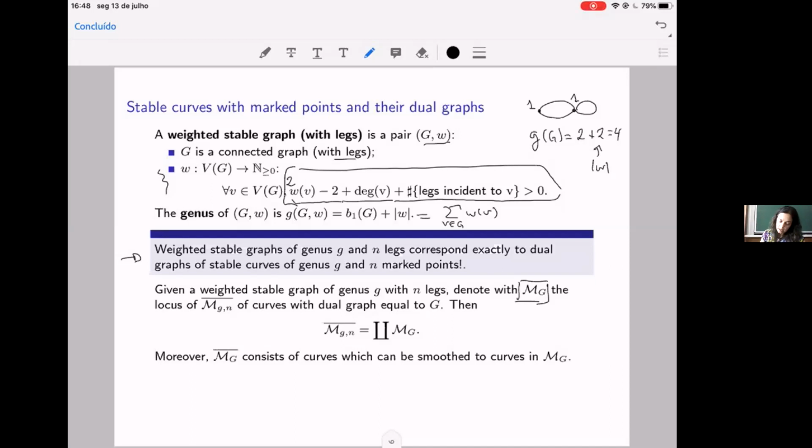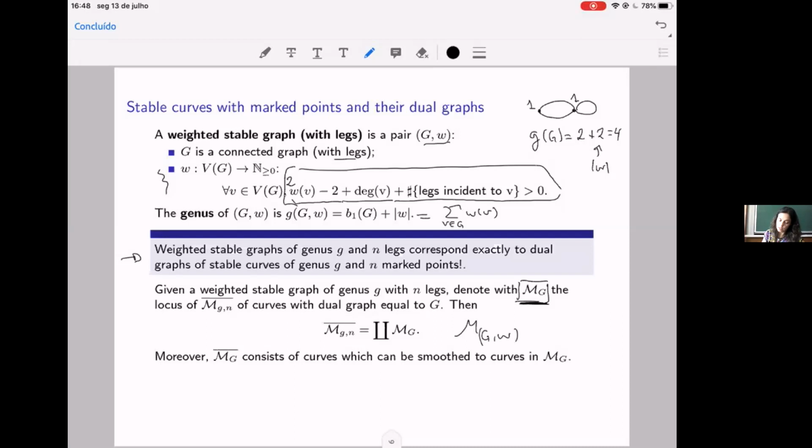Okay, so now we consider inside M_{g,n} bar, the moduli stack or space of stable curves of genus g and n markings, a locus, which we will write using M_G, the graph, of curves with dual graph equal to G, and maybe using the notation before. If we have weights, I will also write it like this.